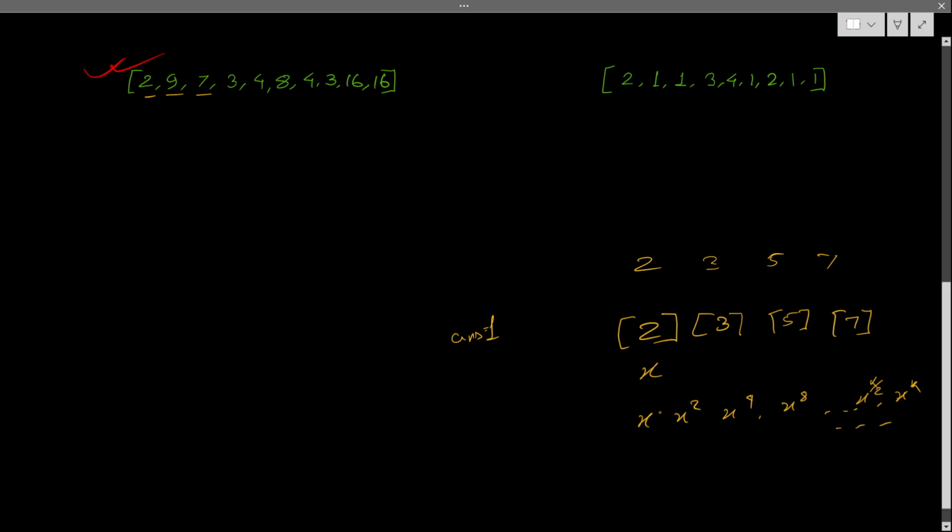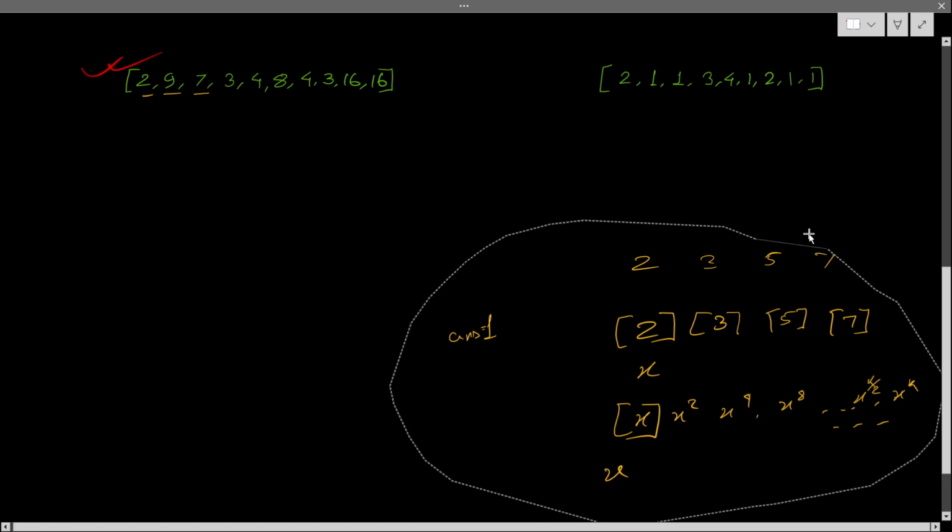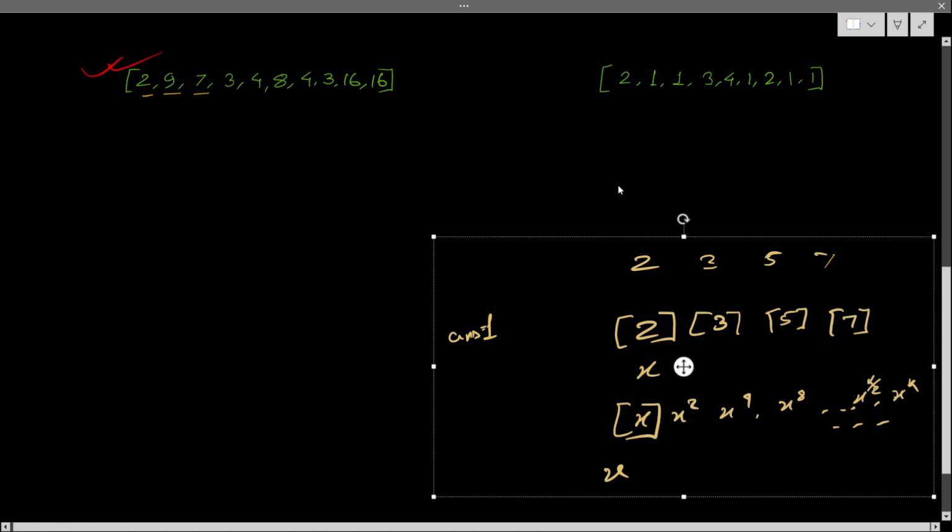But if only x is present, it is also matching the pattern. It could be written as x to the power k. Whether considered as x to the power k or simple x, it follows the pattern. So if all unique items are there, then the answer will be 1. Fine then.